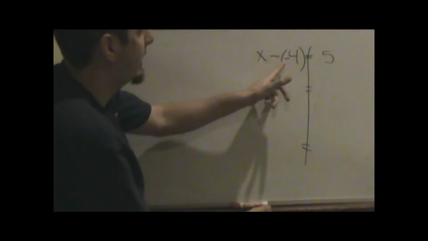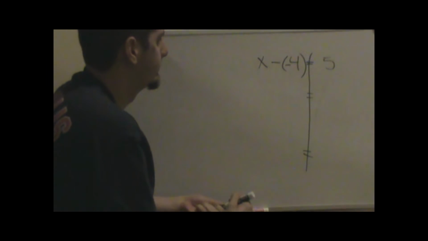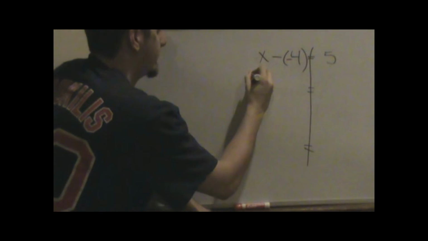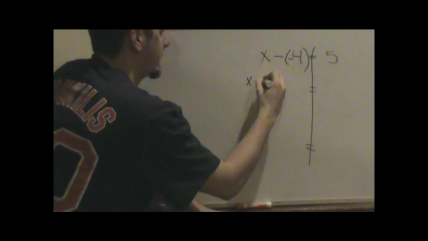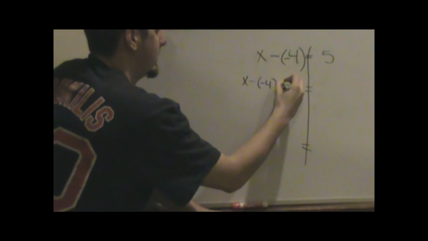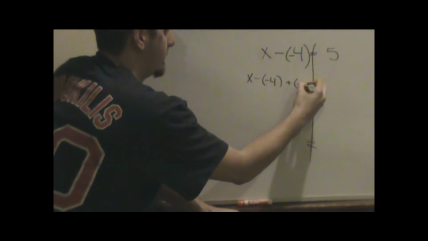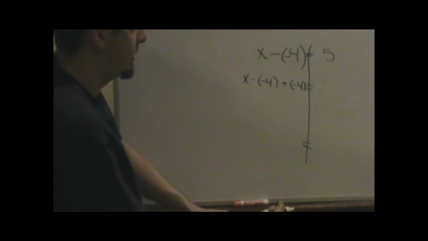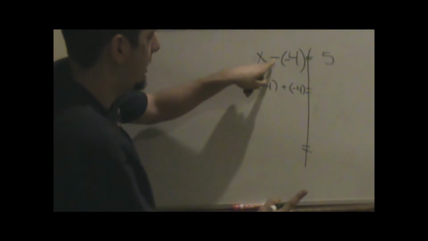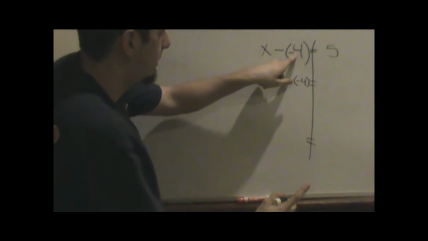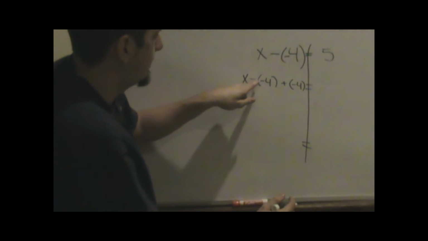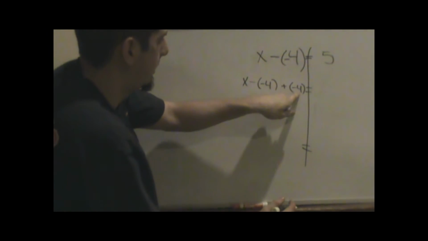The opposite of subtracting negative 4 is adding negative 4. So take a note here, the only thing that changed was the operation. The number did not. Minus negative 4, plus negative 4.